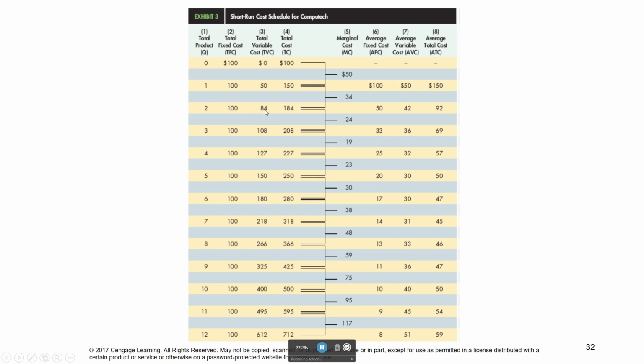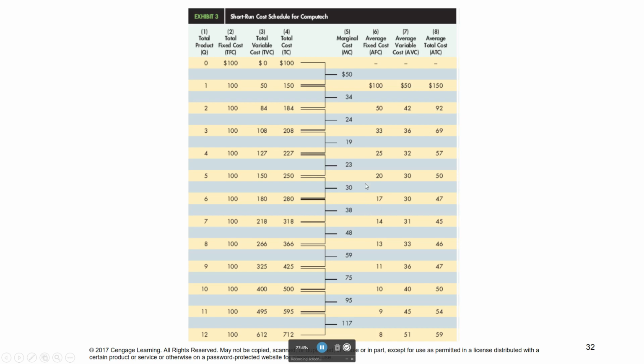My average variable cost is equal to my total variable cost of 84 divided by the 2 pizzas I produce. So that's going to be $42. We can add average fixed and average variable together to get average total cost of $92.